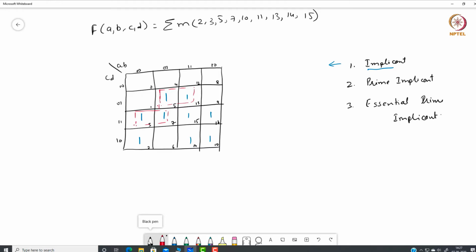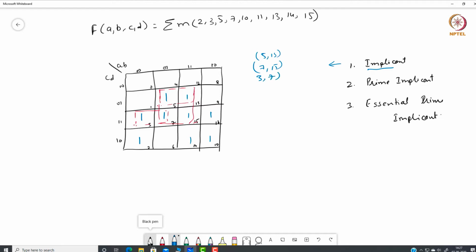And let us say these 4 terms can be combined, yes, they also form an implicant. So if I try to enumerate the implicants, then there could be many implicants. Of course, all of these min terms are implicants, but the group of 5 and 13 is an implicant. 7 and 15 is also an implicant.